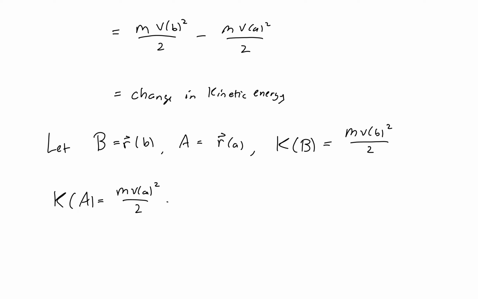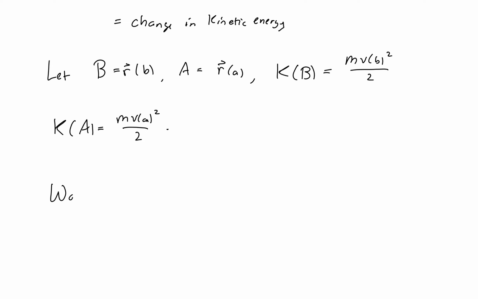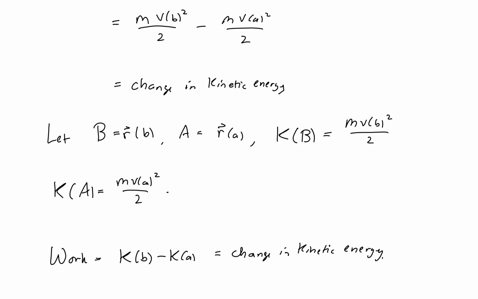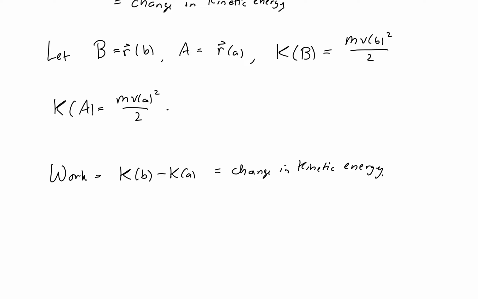So what we've calculated is that our work is K of B minus K of A, which is the change in kinetic energy. So that's one part of the equation. Though you probably haven't seen those formulas in vector form, they're a little more familiar when we change them out of vectors. We have 1/2 m v squared for our kinetic energy, which should be somewhat familiar.